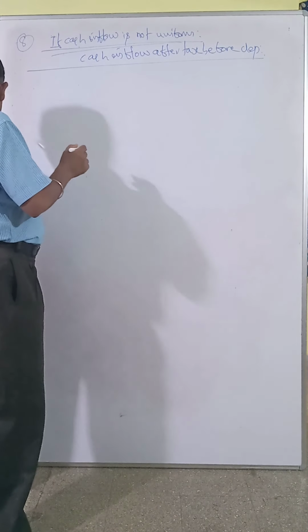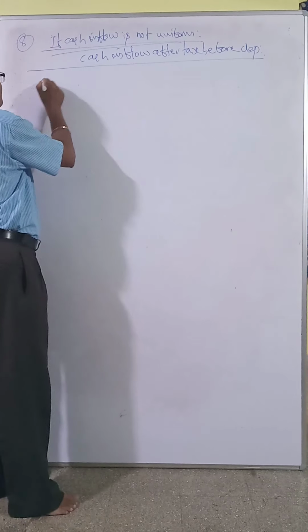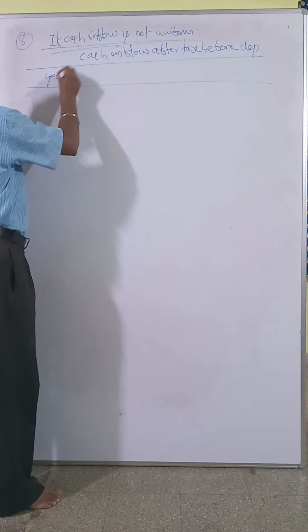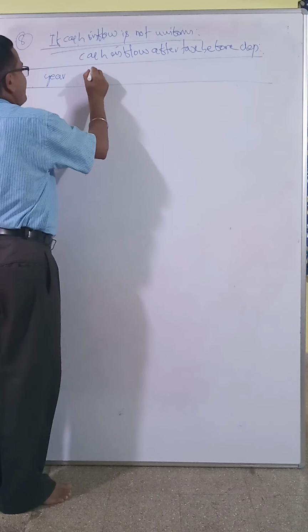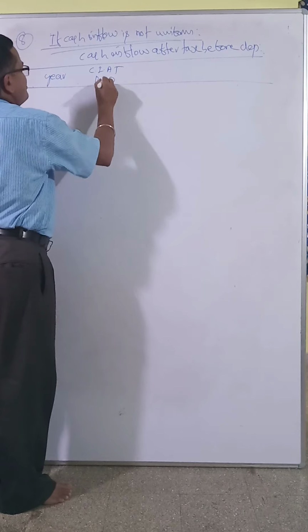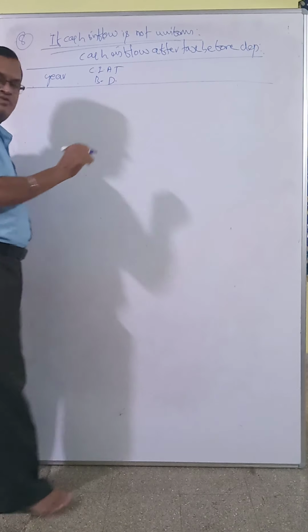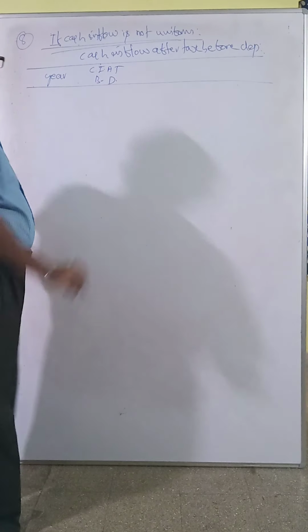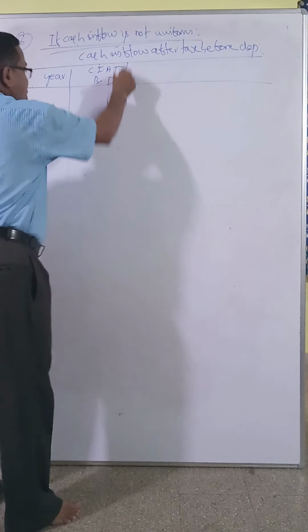Make three columns. The first column is the year. The next column is the given cash inflow after tax before depreciation; write the full sentence.